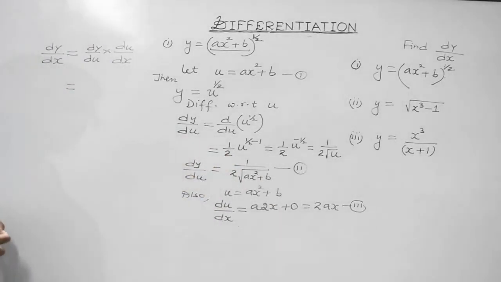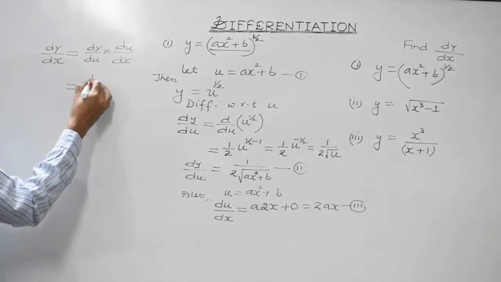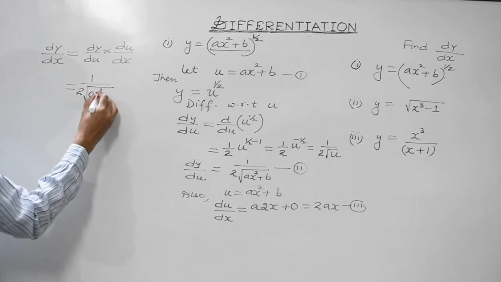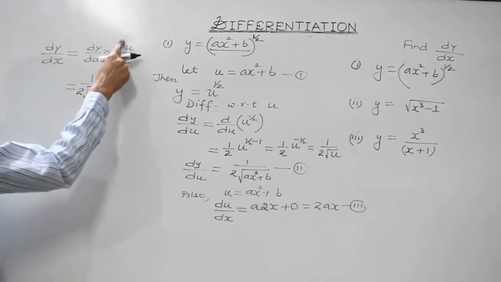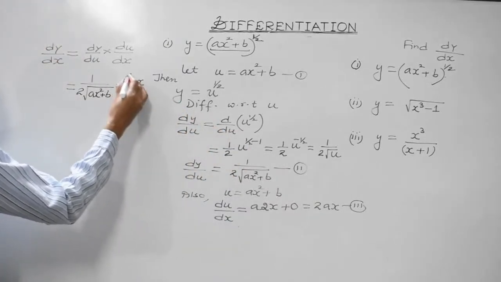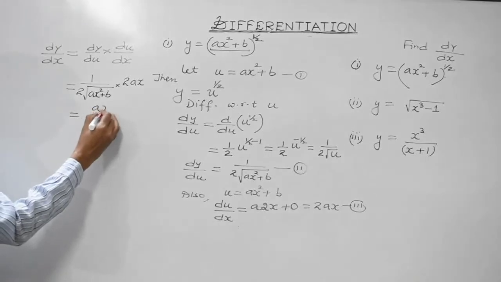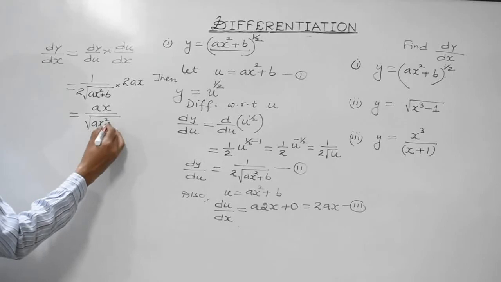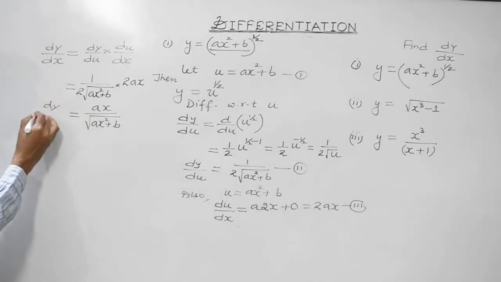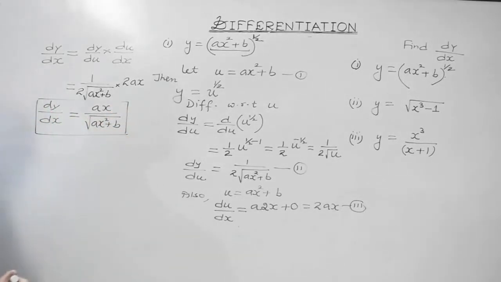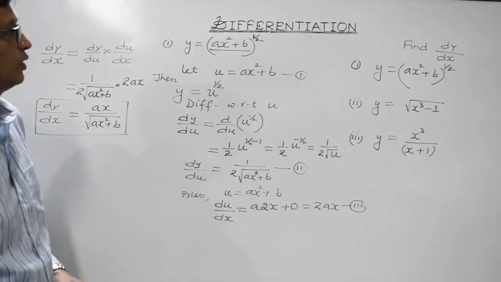It is 1 by 2 square root of ax square plus b. What about du by dx? It is 2ax. So 2 get cancelled. What do you get? Ax divided by square root of ax square plus b. This is the result. Dy by dx is ax divided by square root of ax square plus b.